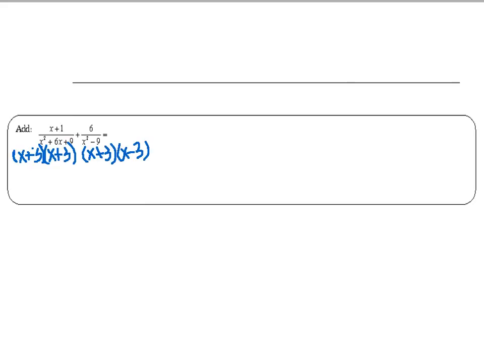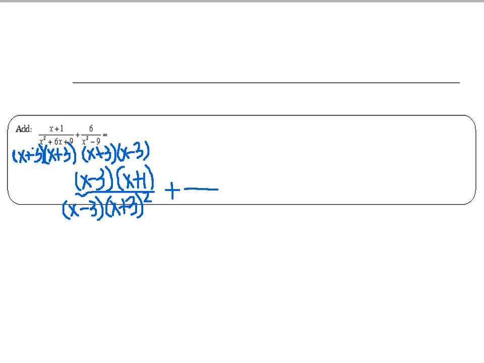On the bottom of my first one, I need to multiply it by x minus 3. So I'm going to do that to the top and bottom. But I've already got x plus 1 on the top. And on the bottom, I've got x plus 3 squared, because x plus 3 times x plus 3 is x plus 3 squared.